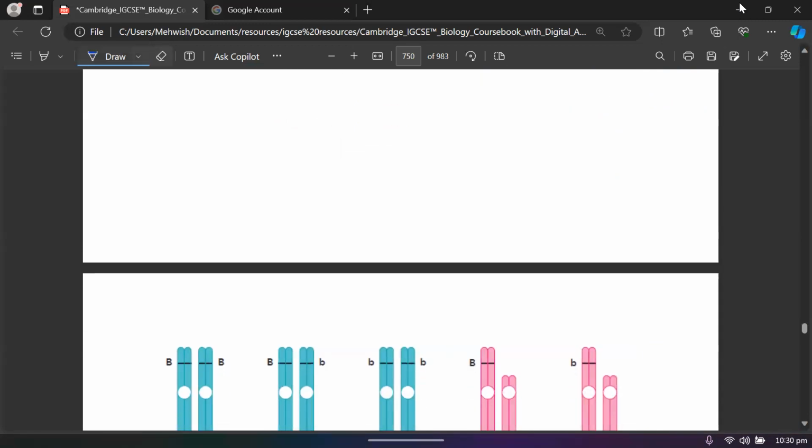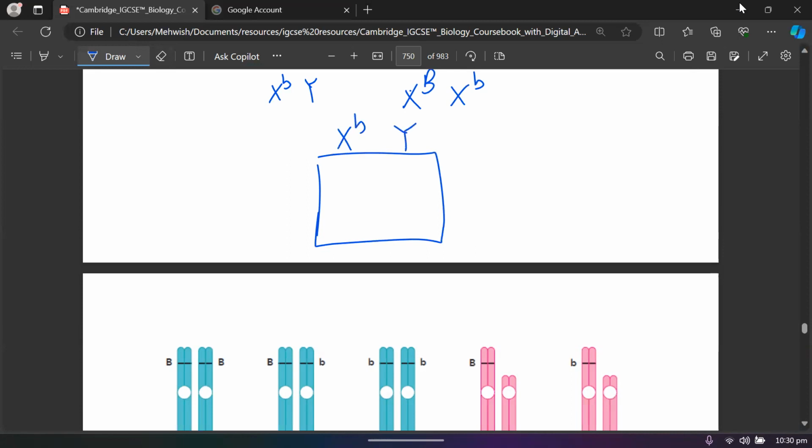So the father was X small b, Y, and the mother was X capital B and X small b. There are just two types of gametes from the father, X small b and Y, and two types of gametes from the mother, X capital B and X small b. Make a Punnett square to show why a son could have color blindness.